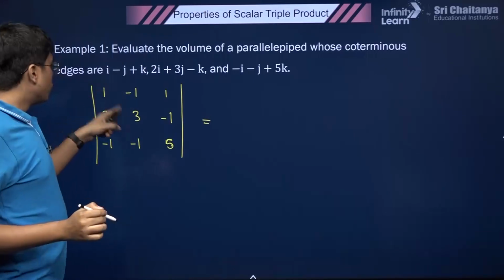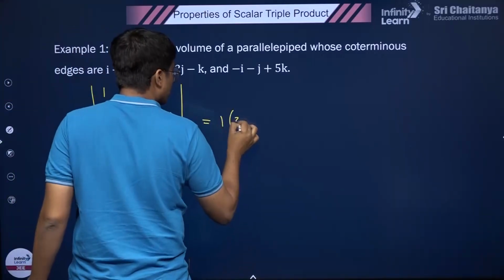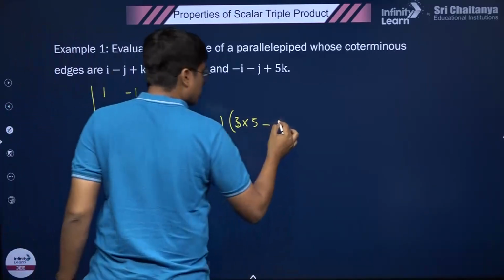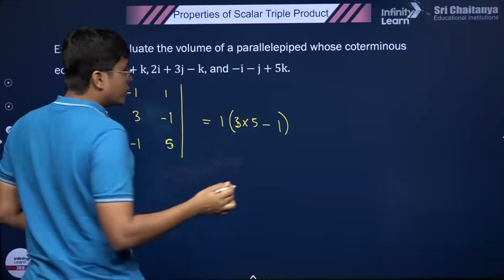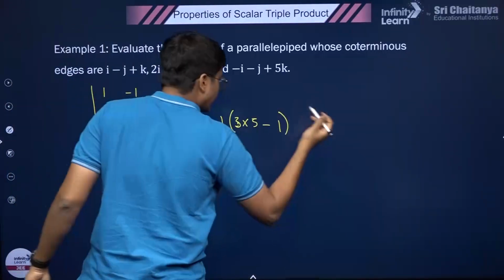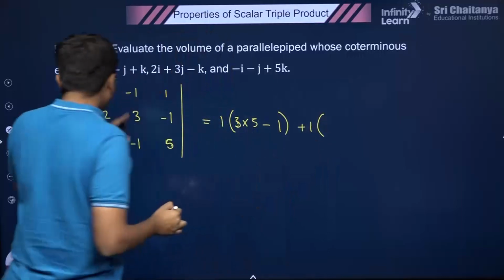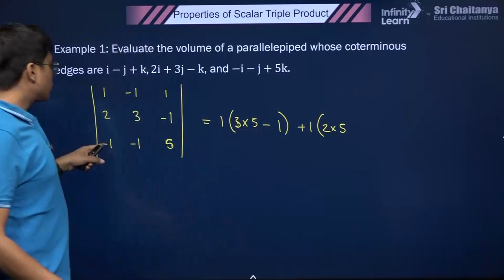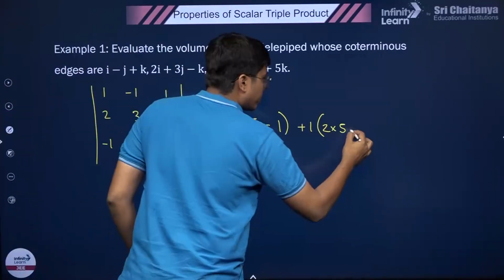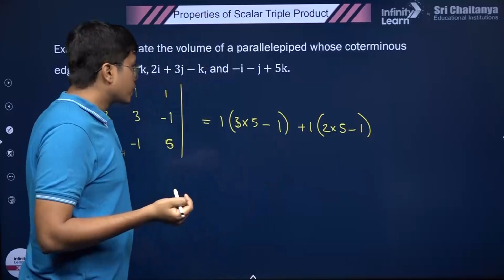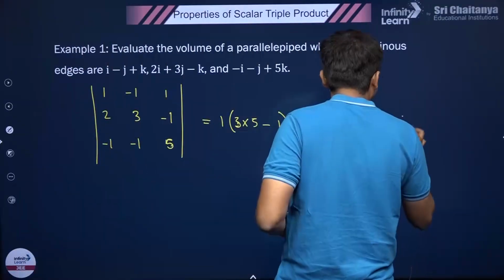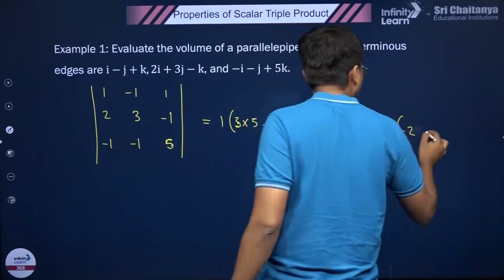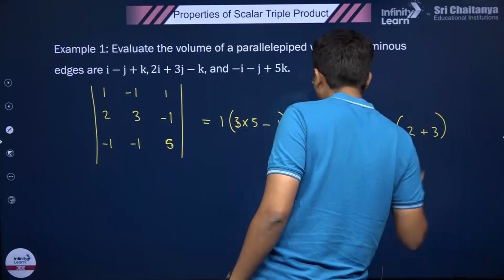So over here we have 1 into 3 into 5 minus 1 into minus 1, which is just going to give us 1, and then over here we have minus 1 into minus of minus 1, which will make it plus 1, into 2 into 5 minus of minus 1 into minus 1, which is again going to give me plus 1, so minus of plus 1, and over here I have again 1 into 2 into minus 1, that makes it minus 2, and minus 1 into minus 3, which makes it plus 3. Minus of minus 3 makes it plus 3.